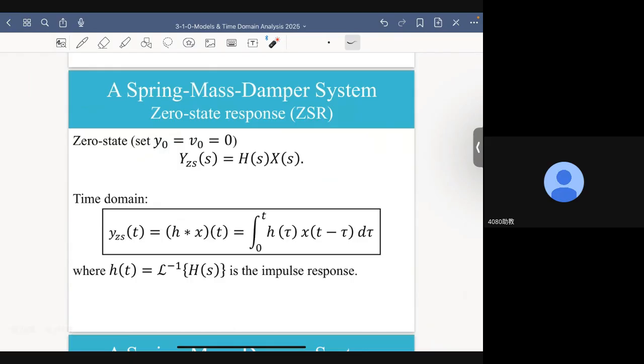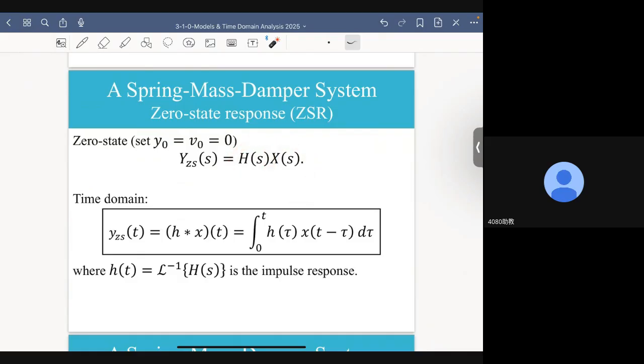Now here, let's go back one step and study the zero-state response, which is this. The zero-state response in the s domain is actually the product of the transfer function and the Laplace transform of the input.